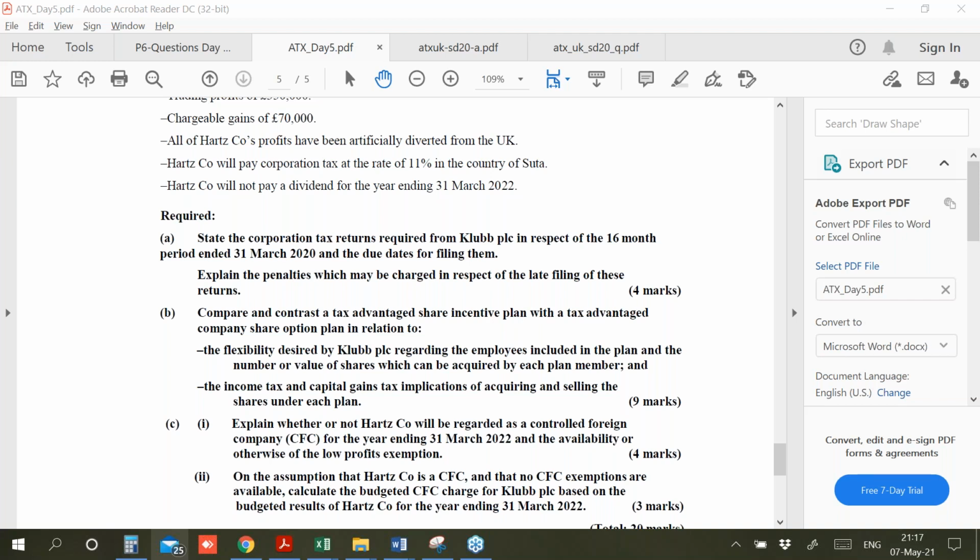So guys, you tell me, after the relevant period of account, which means the period for which we prepare the accounts, after how many months do we have to submit the corporation tax return?